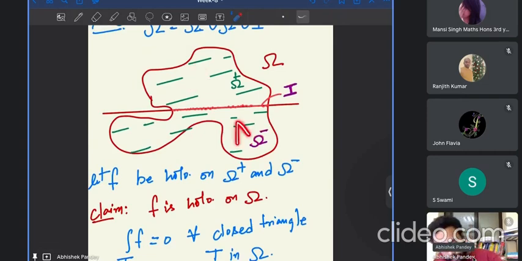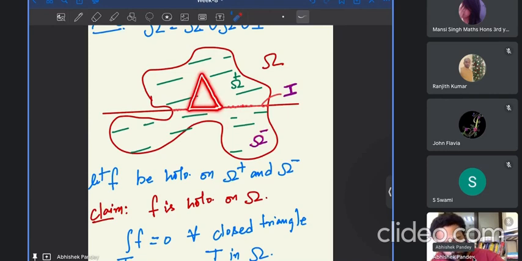Again, if I take a triangle in Omega minus, this integral will be 0. The only problem is with the triangles which touch this I, or where one whole side is on I.